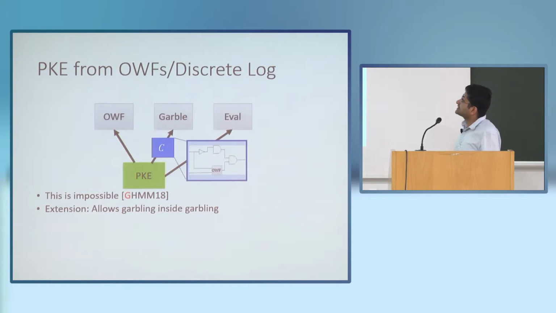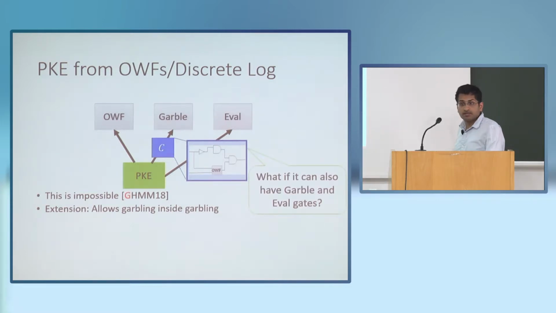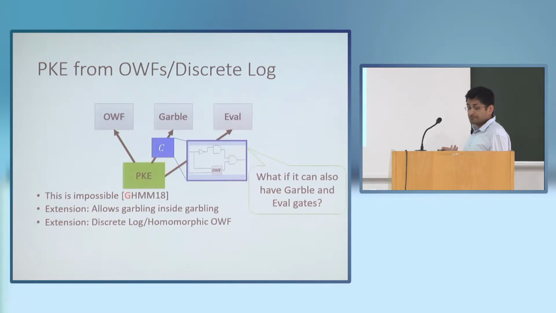So what this does not tackle is the monolithic model, and that's one open problem that I think is interesting. If the goal of constructing public key encryption from one-way function feels too far-fetched, then it's not unreasonable to wonder if one could relax this one-way function assumption, or work with a stronger assumption, the discrete log assumption, or an abstract version of it, a homomorphic one-way function, and try to see if you could construct public key encryption from the discrete log assumption.